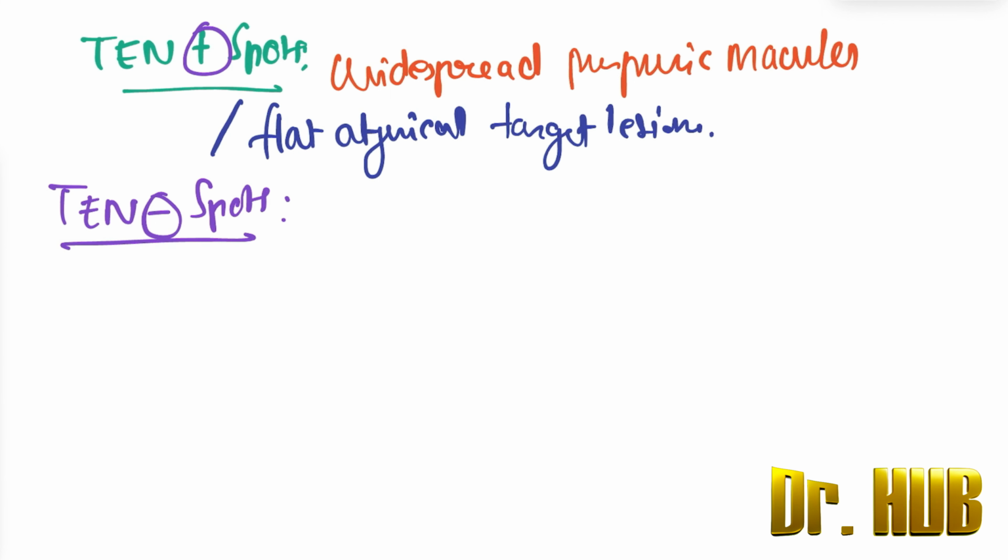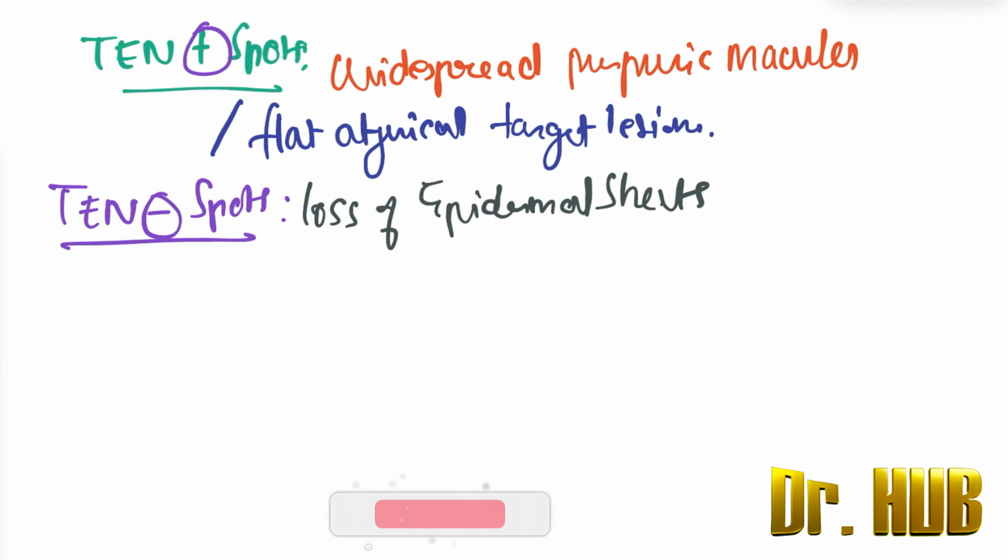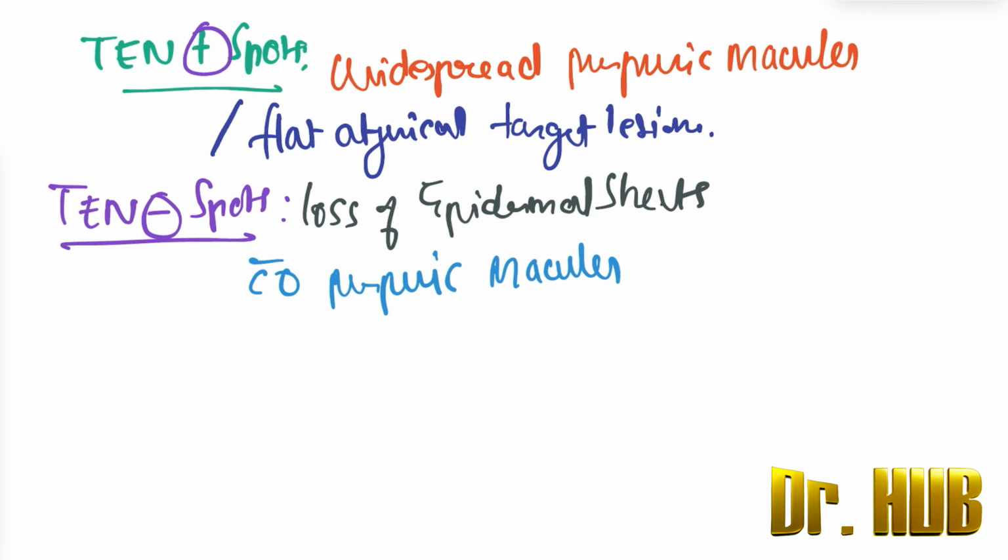Now we look at TEN without spots. There is loss of epidermal sheets, without the purpuric macules or the target lesions.